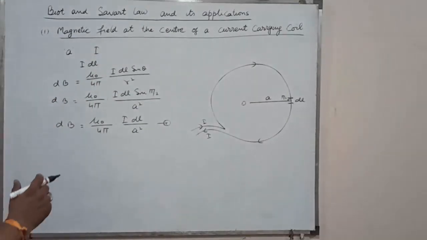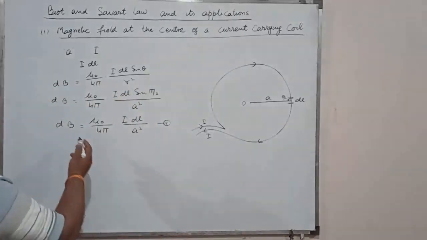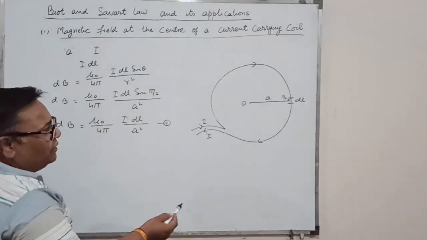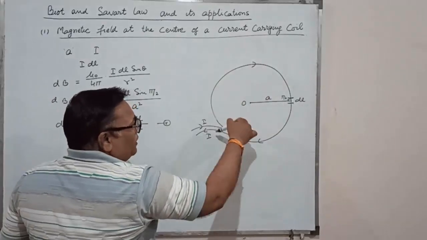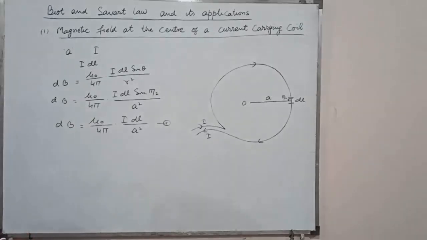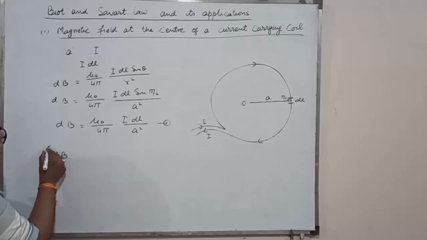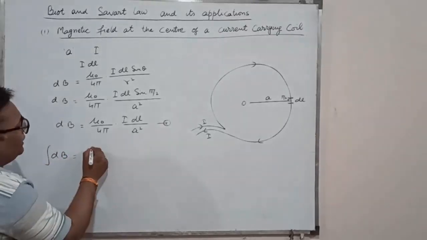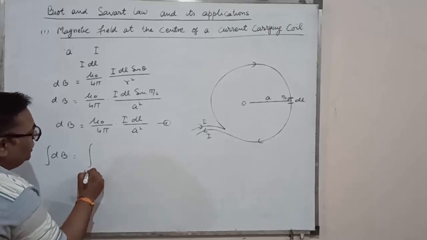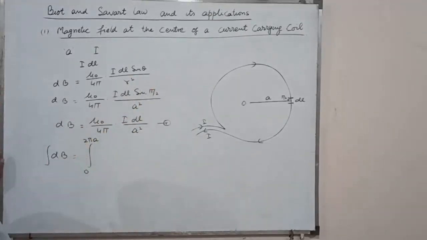Then the total magnetic field intensity at this center is found by integrating this equation within the limit of 0 to 2 pi a, the total circumference of the coil.